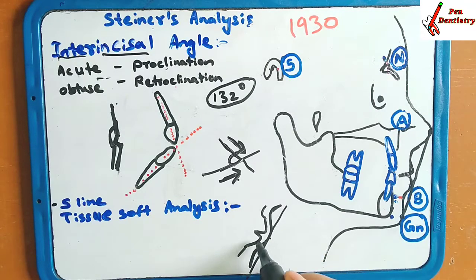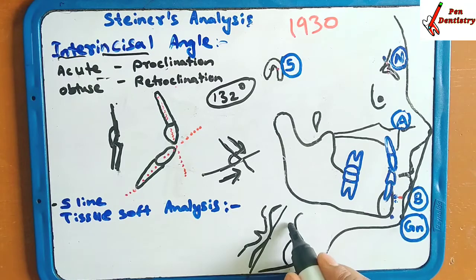Orthodontic treatment is needed when the S line is of greater angle. When the S line is of greater angle, this shows that proclination is seen in the cephalometry of the patient, and for that we go for orthodontic treatment for the maintenance of the S line.